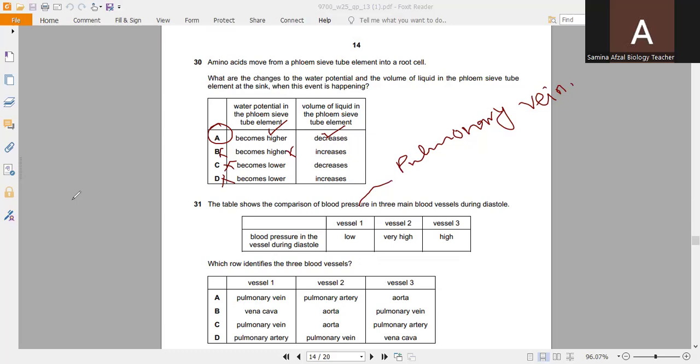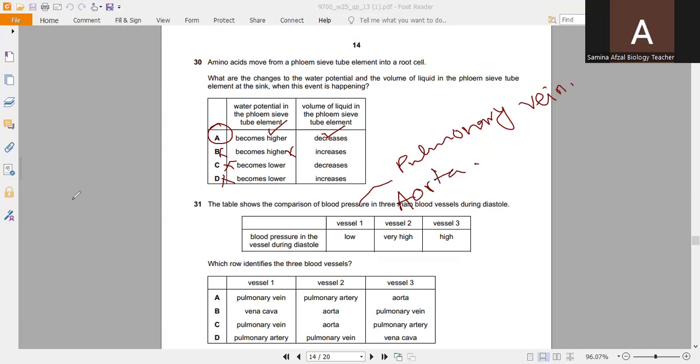So the pulmonary artery will have lower pressure than the aorta.